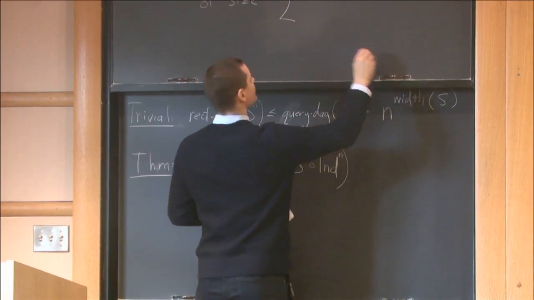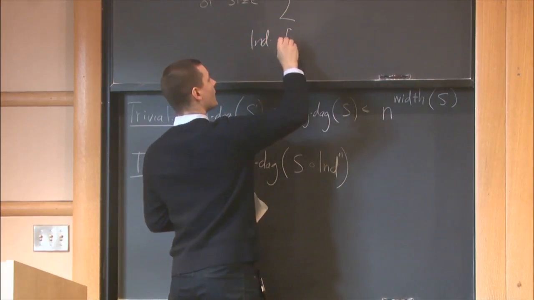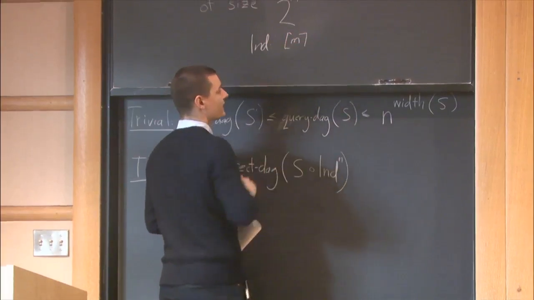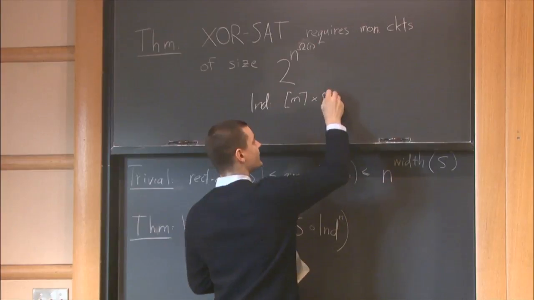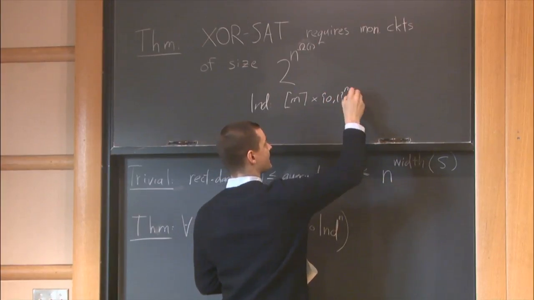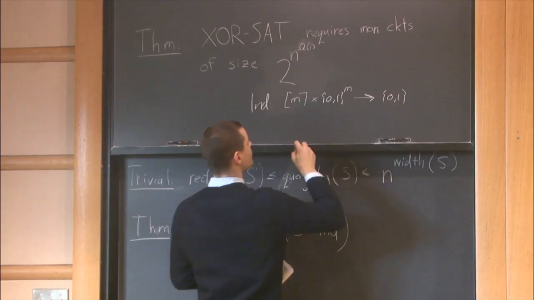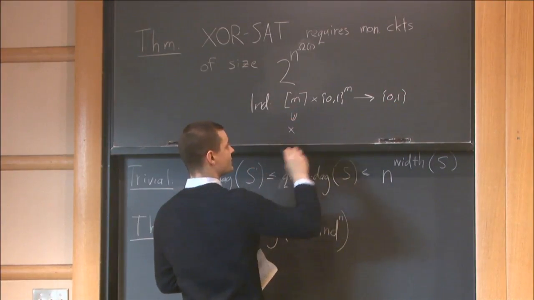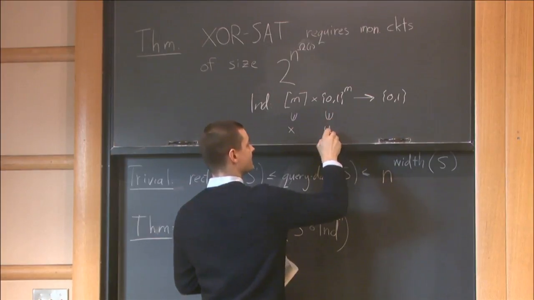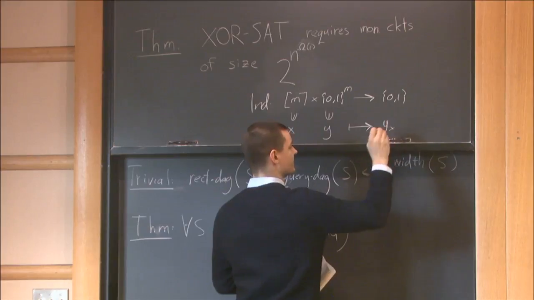Maybe I can remind you about that function. It's the function where Alice holds a pointer into Bob's string of m bits, and Bob holds a string of bits. They map to the xth bit of y.